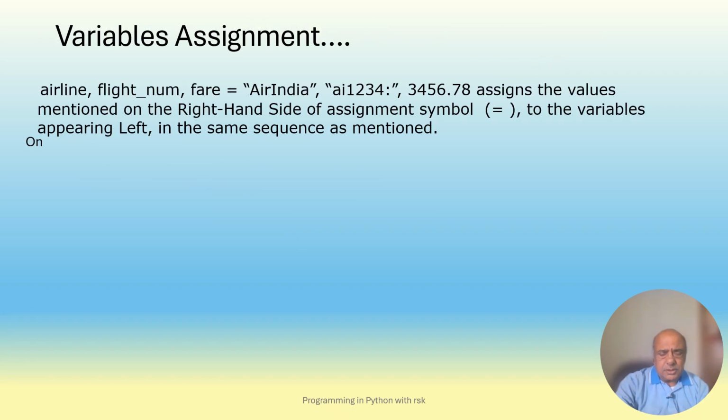There are different ways a variable can be assigned values in Python. One way is with three variables, or multiple variables, or five or ten, whatever variables we want to assign values to. They are written on the left side of an equal to sign, separated by commas, and on the right side we write the values which we want to assign to these variables.